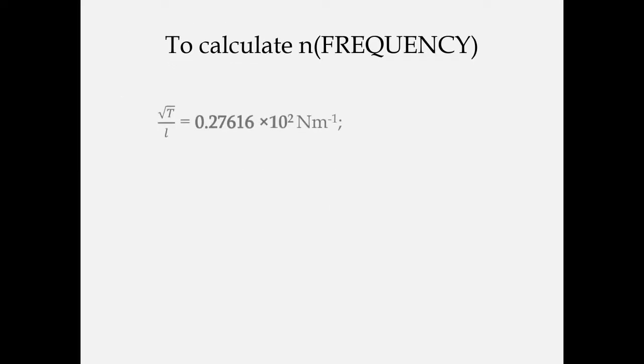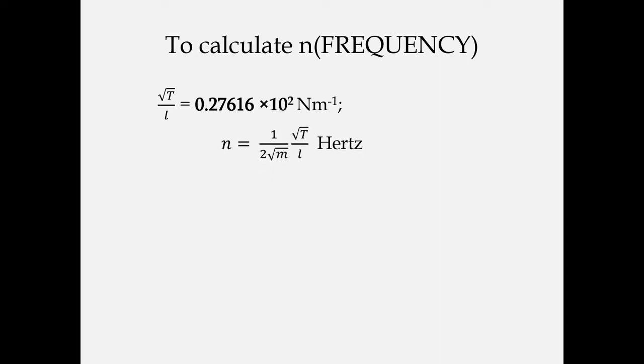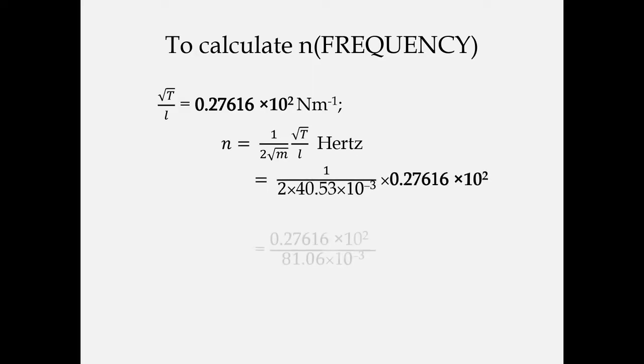Then we will find the frequency, and the formula to find the frequency n is equal to 1 divided by 2 root m into root T by L. From the first table we got the value for root T by L, and root m also we got. Substituting it, we get 1 divided by 2 into 40.53 into 10 power minus 3 into 0.27616 into 10 power 2.